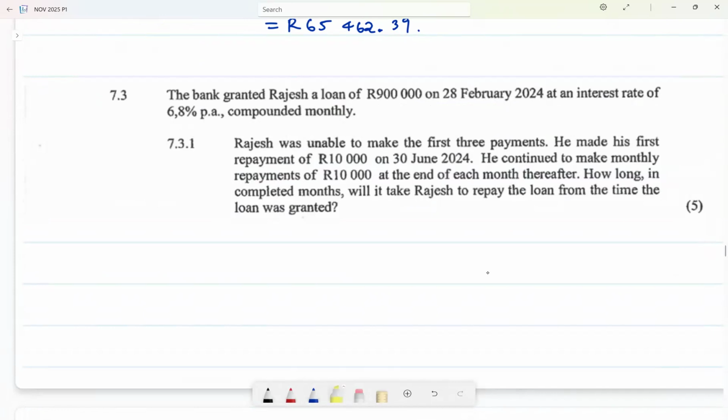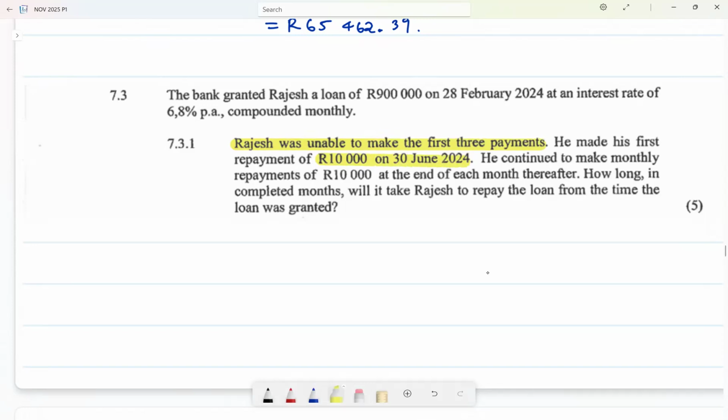Rajesh was unable to make the first 3 payments. Okay, Rajesh, that was not a good thing to do. He made his first repayment of 100,000 on the 30th of June.